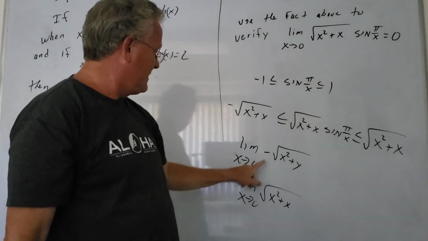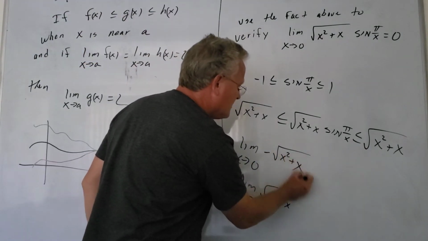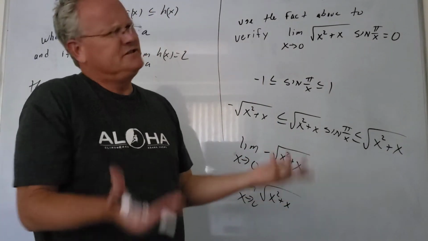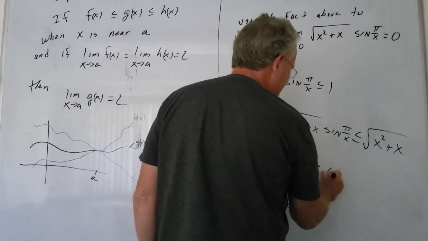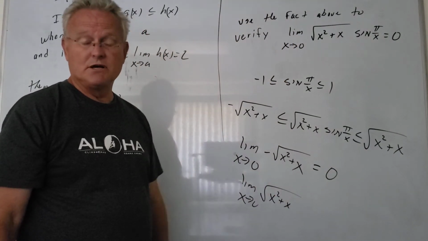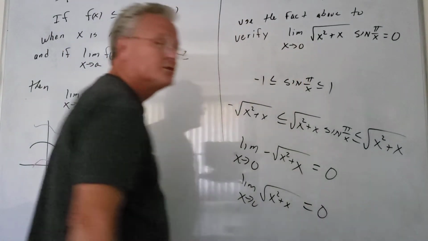Well, the limit as we approach 0, it's just the square root of 0 squared plus 0, which is the square root of 0, which is 0. -0 is the same as 0. On the right, we get the square root of 0 squared plus 0, which is the square root of 0. The square root of 0 is 0.